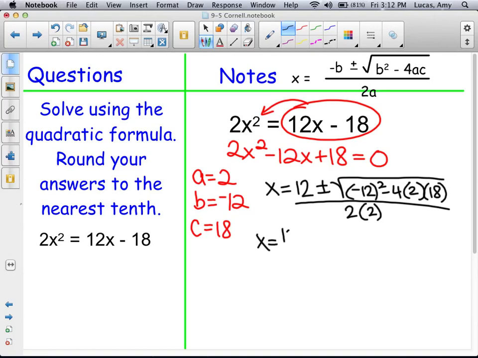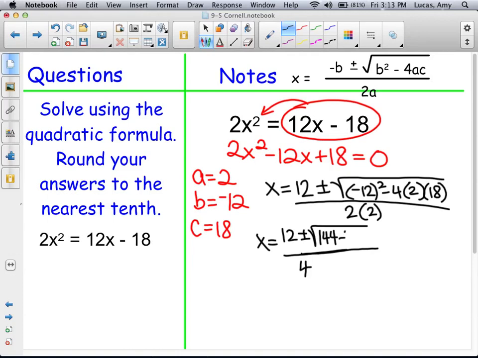Okay, simplifying under the root. This is a review of what we were working on day 1. Negative 12 squared would be 144, positive. Then minus 4 times 2 times 18.